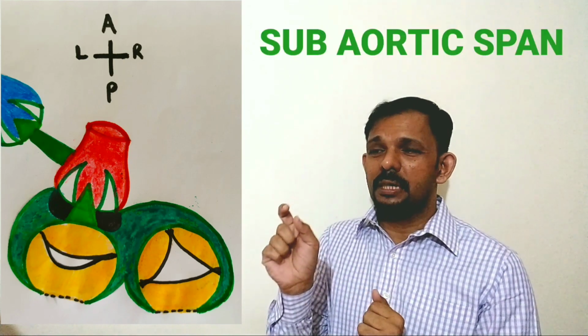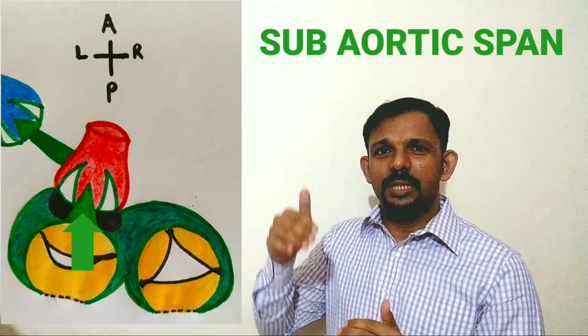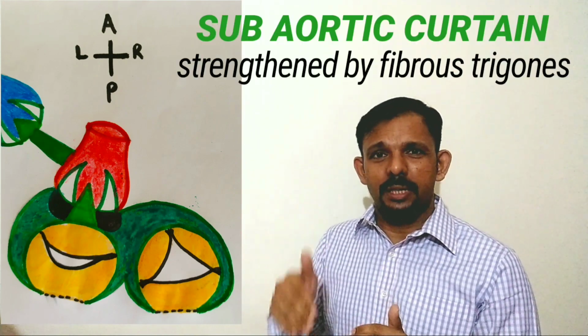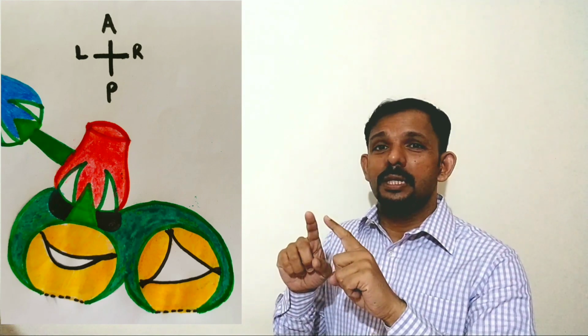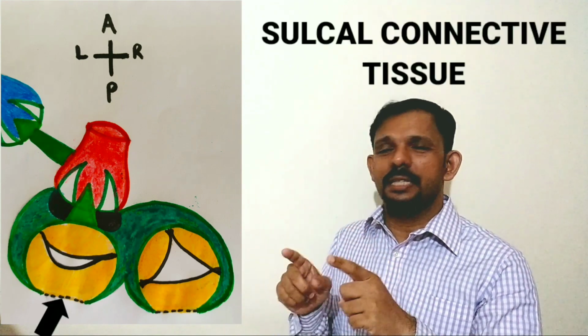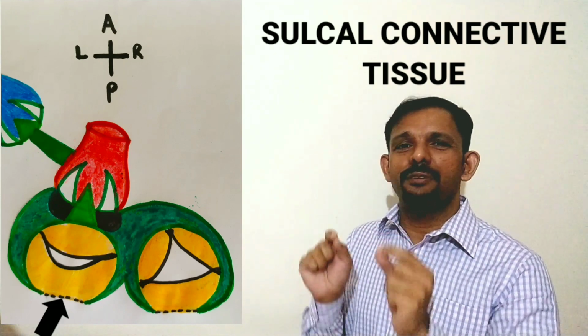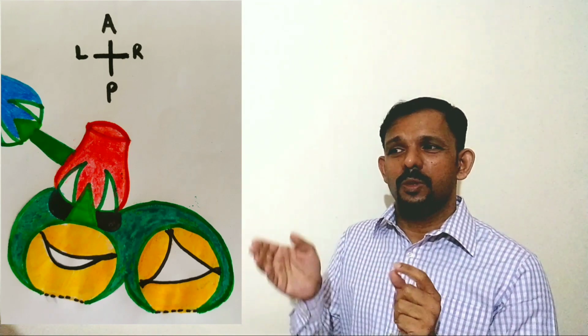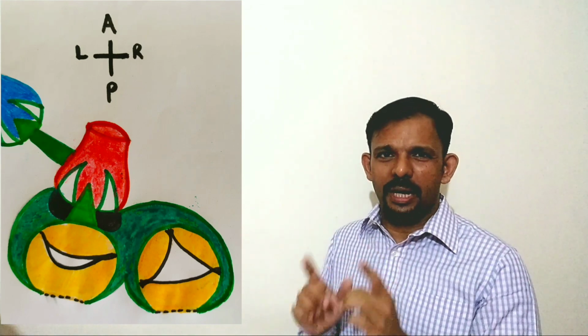Also, you have the subaortic span between the 2 fibrous bodies, which act as the subaortic curtain. In addition to this, you also have the weak sulcal connective tissue, which attaches the ends or the tips of the fila coronaria. So these are the components of the mitral annulus.